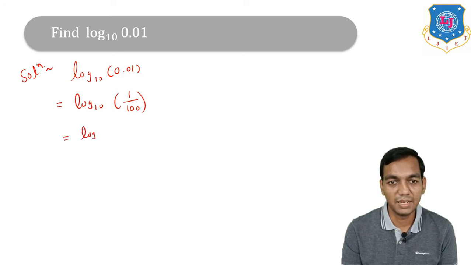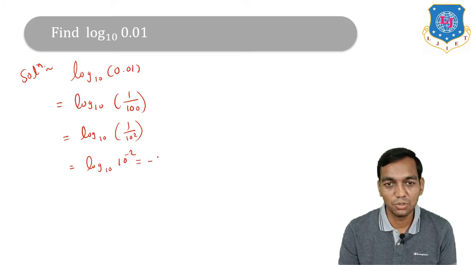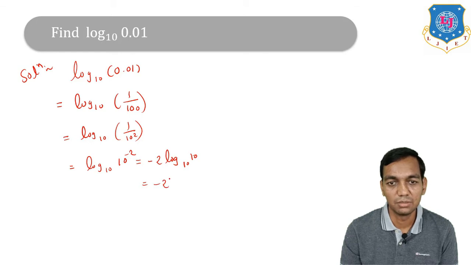So we can write this as 1 upon 10 square, and that will be 10 raised to minus 2, correct? So by the property of log, whatever the power is going to be a multiplication of the log. So you have minus 2 log 10 base 10. Now 10 base 10 has the value 1.